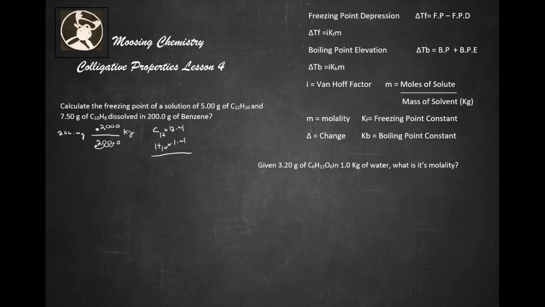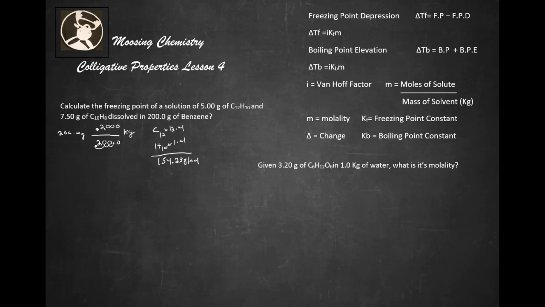The molar mass of C12H10 is going to be as follows. Give me 1 second here while I calculate this out. This will give me 154.23 grams per mole of that one.